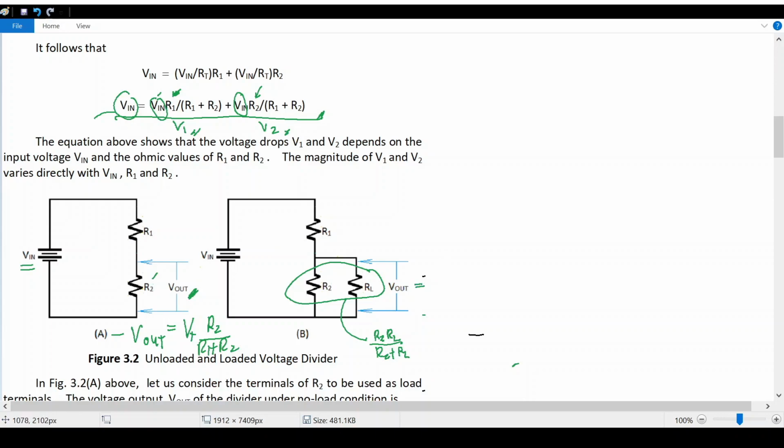What would happen with the V out? The V out would now become total supply voltage times the resistance, let's name this resistance in parallel, divided by R1 plus resistance in parallel.